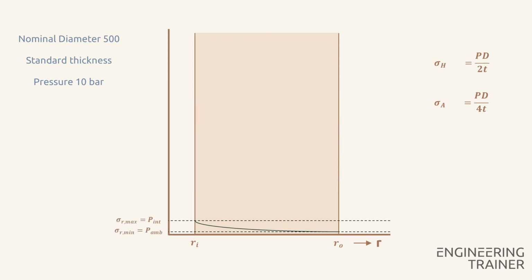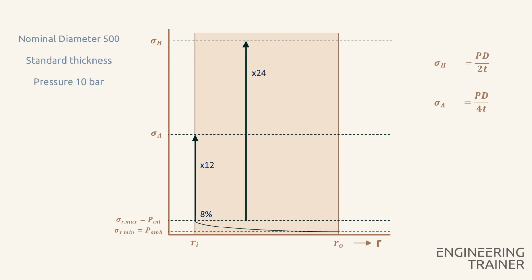What we find is that the axial stress is a factor of 12 times above the maximum radial stress value. So the maximum radial stress for this example is around 8% of the calculated axial stress. The hoop stress is twice as large as the axial stress, and we end up with a factor of 24. So the maximum radial stress is 4% of the hoop stress.